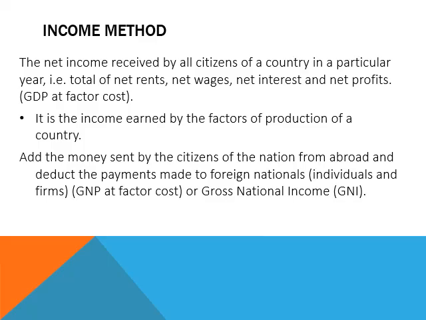This is also known as GNP at factor cost, or gross national income, GNI. Somehow it can explain the income method.